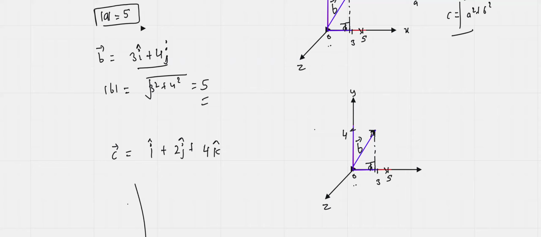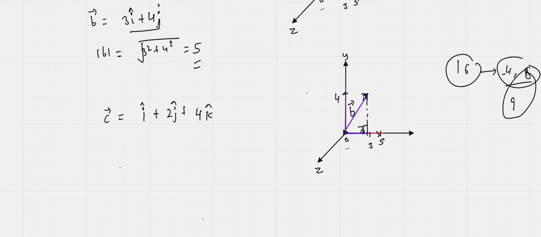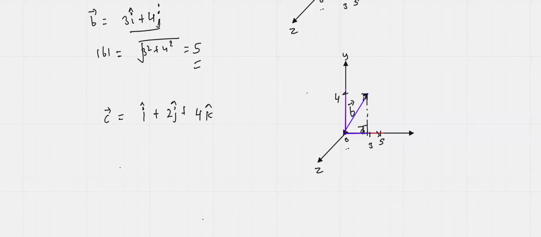Let's adjust the numbers, 9, 16, and so on, until it is fine. Okay, that's fine for now. Let's take this vector itself.